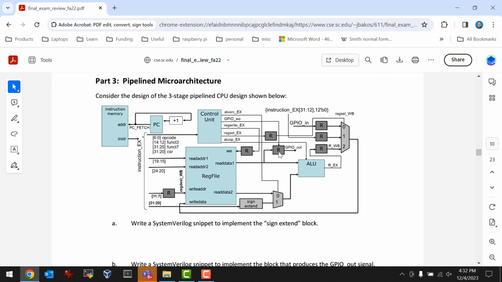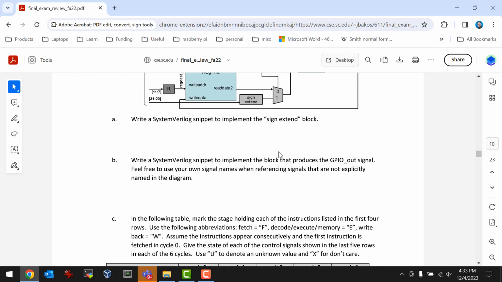If GPIO underscore write enable, then GPIO out is equal to what? Oh, read data 1. Yeah, read data 1, underscore probably EX, right? Yeah. And you don't need a begin and end here because there's only one statement inside the always, and only one statement inside the if. So. Okay, got that.